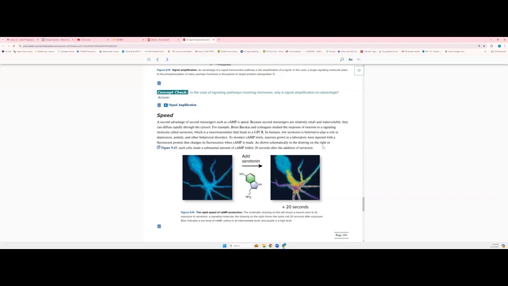So you can see from here, within 20 seconds, a huge amount of cAMP was generated after addition of the ligand. Because cAMP is the second messenger, as long as you add the ligand, after 20 seconds, it appears. Before you add the ligand, there's no cAMP, right?